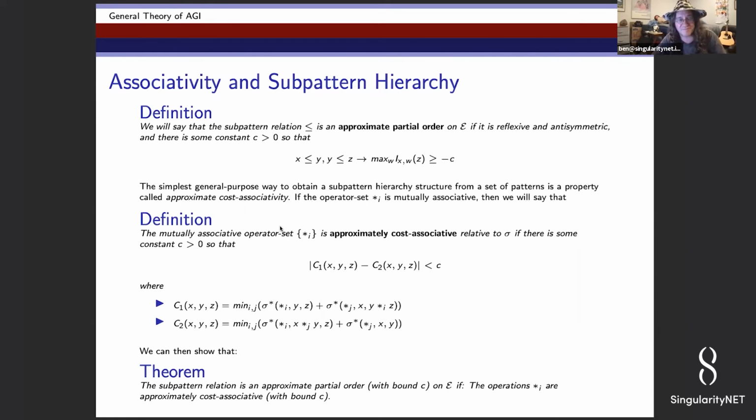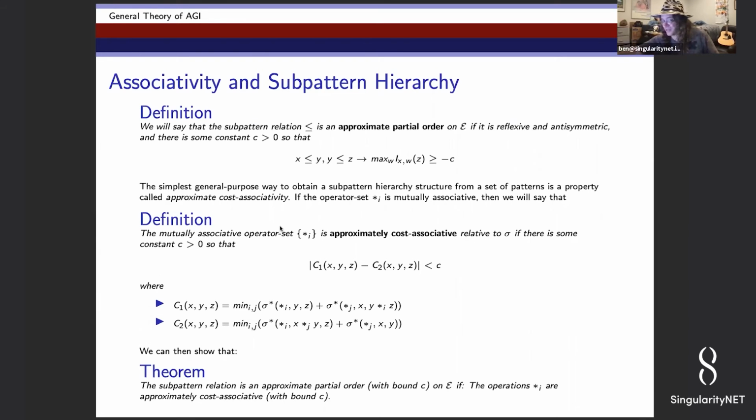If you're looking at patterns in systems that are defined by a combinatory computational model of a bunch of elements combining with each other to form new things, you can see that if the operator set, the set of combinational operations, is approximately associative in a certain sense, then your subpattern hierarchy is nicely transitive.